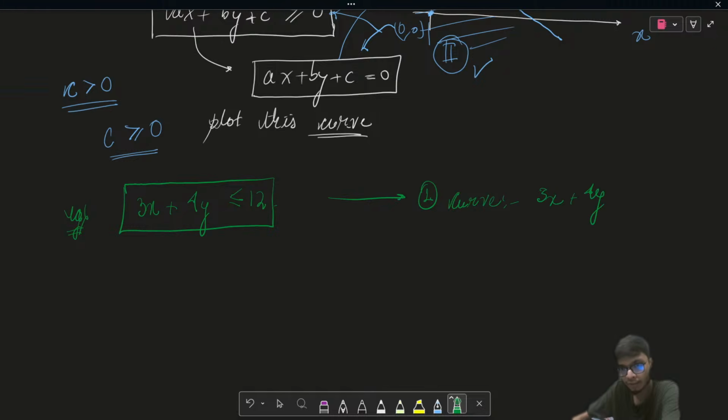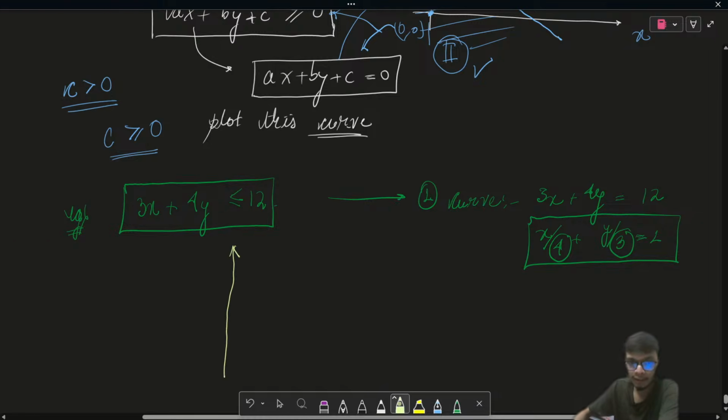3x plus 4y is equal to 12, or I can modify this as x upon 4 plus y upon 3 is equal to 1. Why am I doing this? It is very easy to understand: this form is also called the intercept form of the straight line, where this coefficient denotes the x-intercept and this coefficient denotes the y-intercept, right?